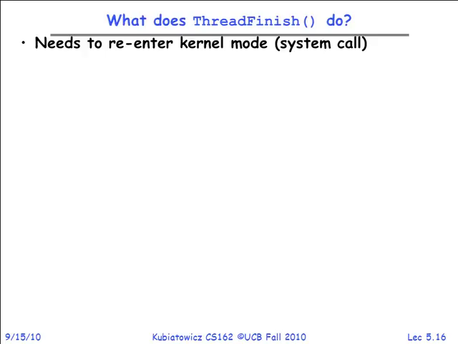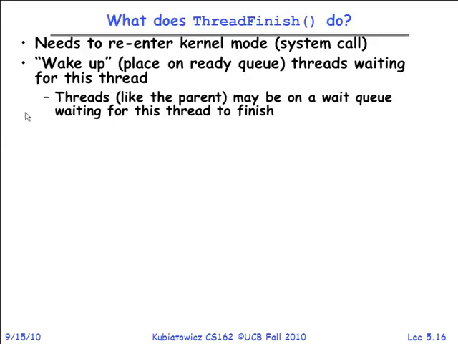And then, listen carefully, it needs to wake up all the threads that might be waiting for it to finish. This is often called join. So you join the thread, and when the thread dies, then you get woken up again. So part of our housekeeping is saying if anybody was waiting for us to finish, notify them. And then you can't quite deallocate the thread yet.